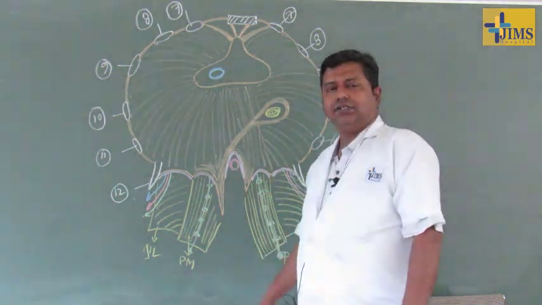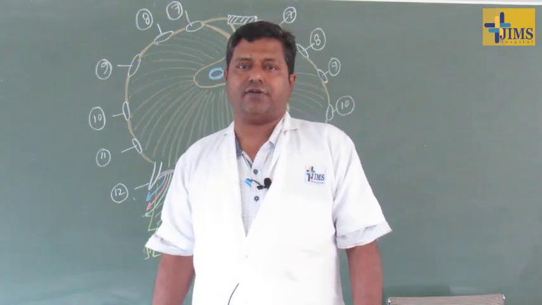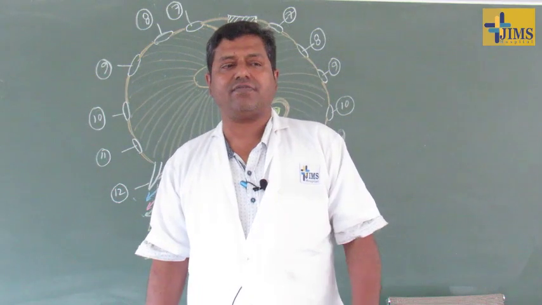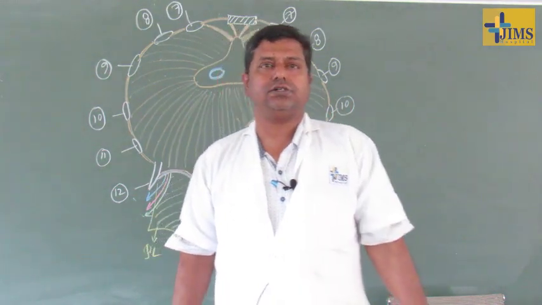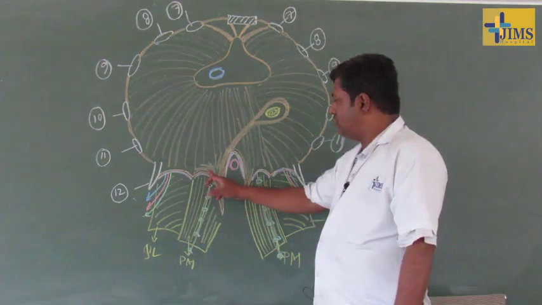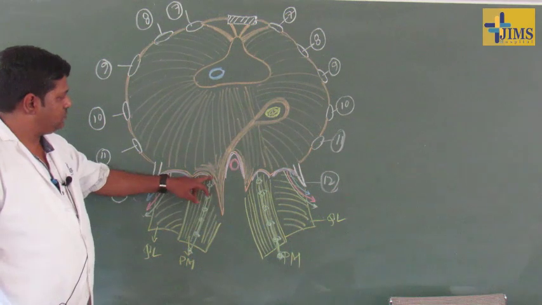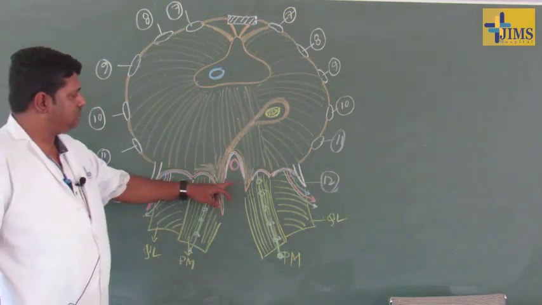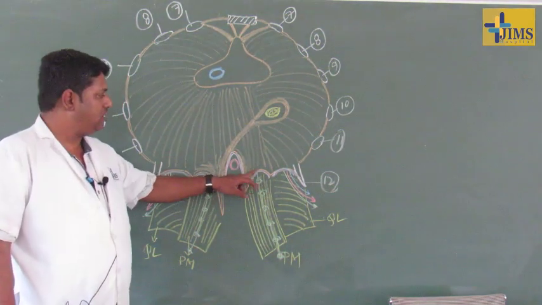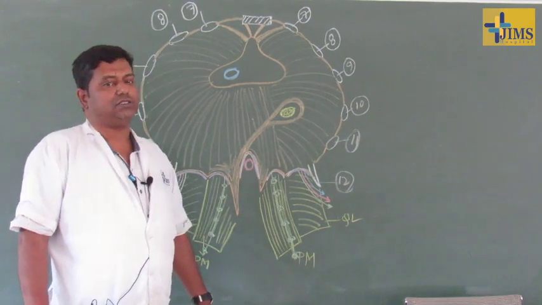Now, other than the body of the lumbar vertebra, the vertebral origins of the diaphragm have two other parts. They also take origin on either side, on the right side and also on the left side, from the medial arcuate ligament.